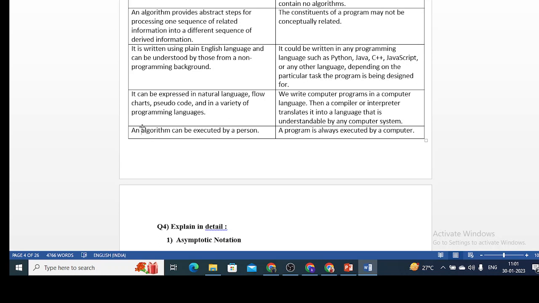Then, anyone can write an algorithm: a normal person who has knowledge of any language, English, Hindi, Marathi, can write the algorithm. But for writing a program, we definitely require a programmer or an expert who knows any programming language, C, C++, Java, Python, any of them.